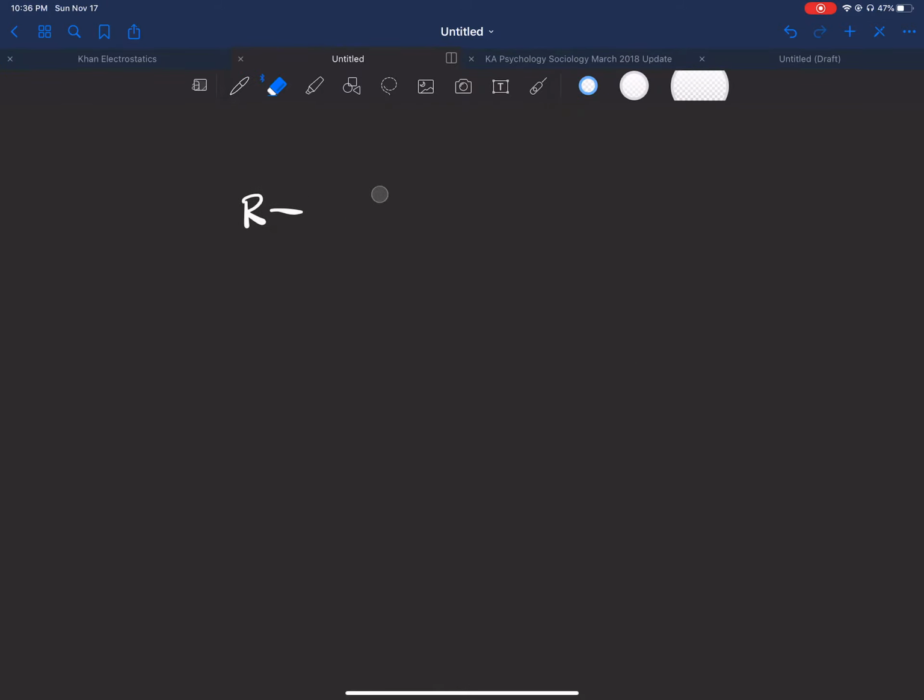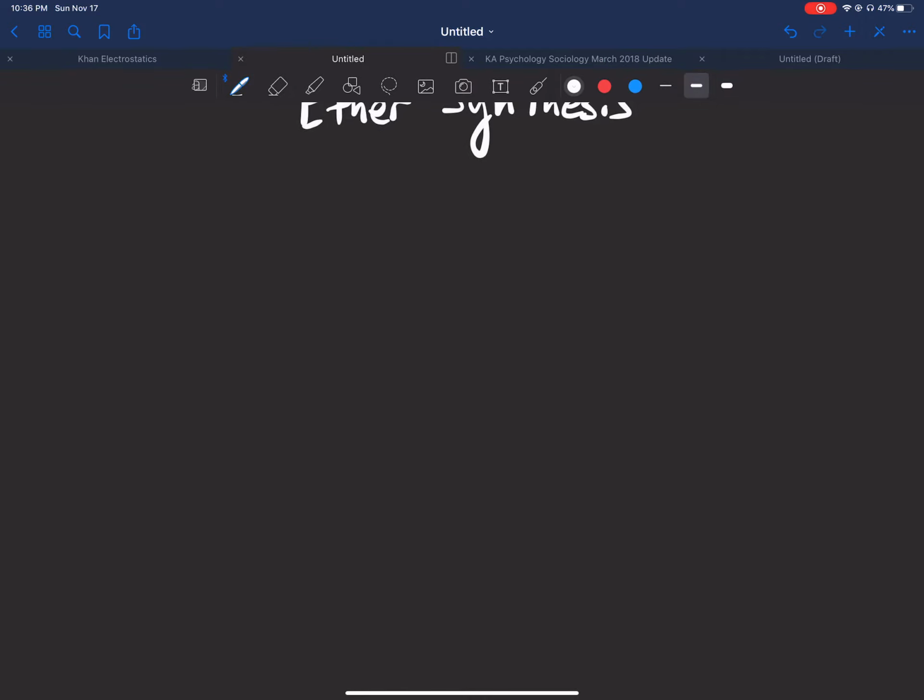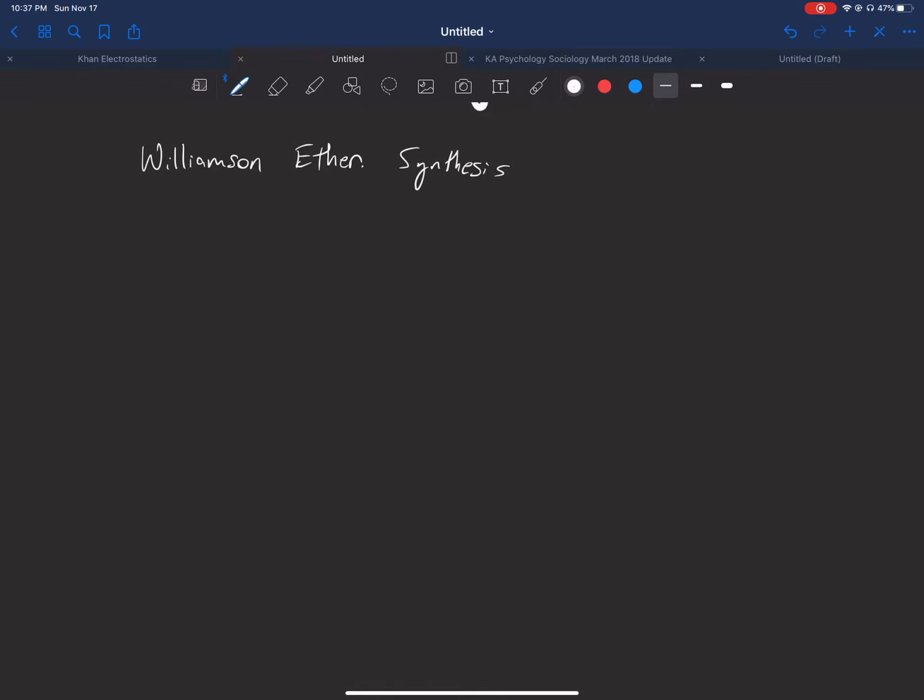So how do we make an ether? A way that you've learned is called the Williamson ether synthesis. So what does this look like?